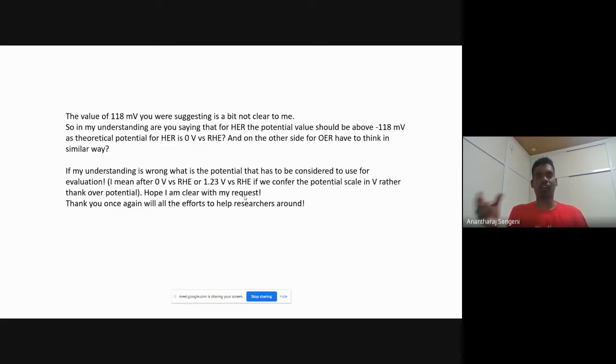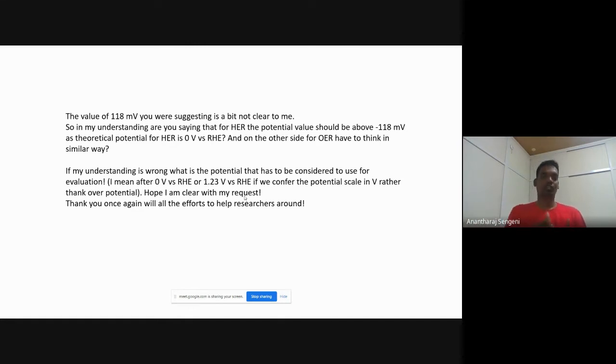So let's assume that all the rate determining steps in all the electrocatalytic reactions we are studying involve transfer of only one electron. If you solve this coefficient, it will give you a value of 118 millivolt for n equal to 1.